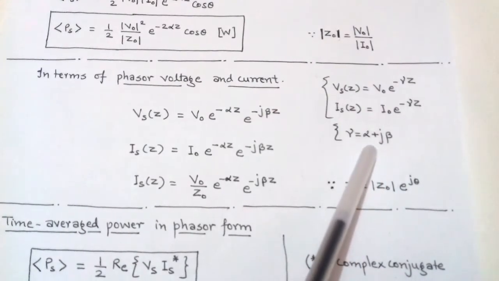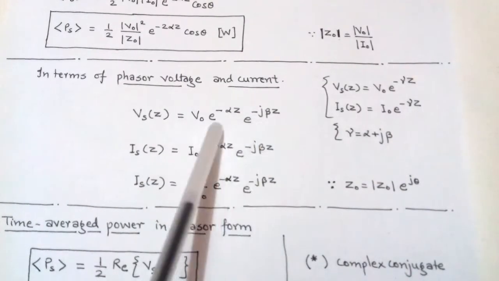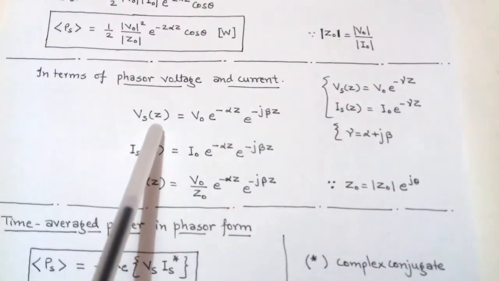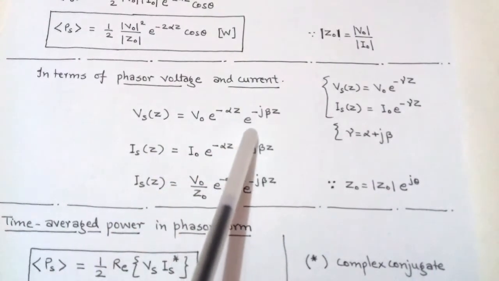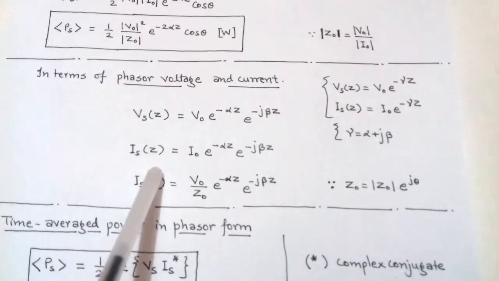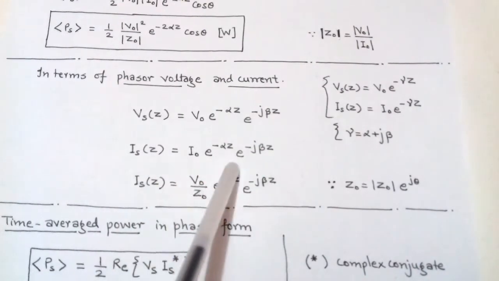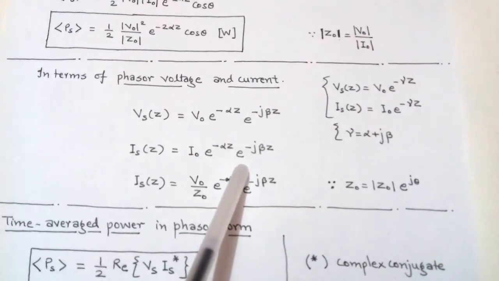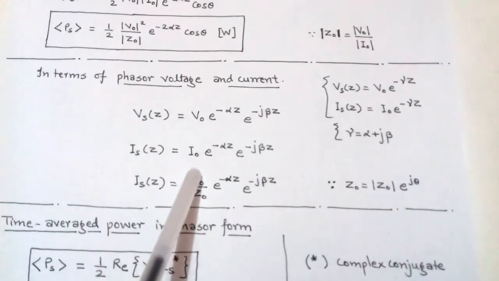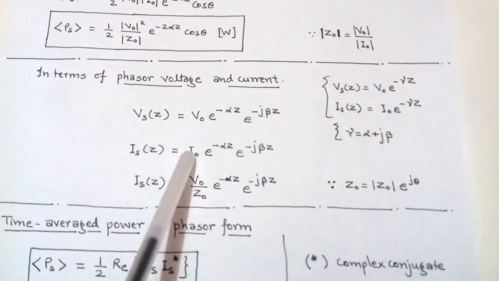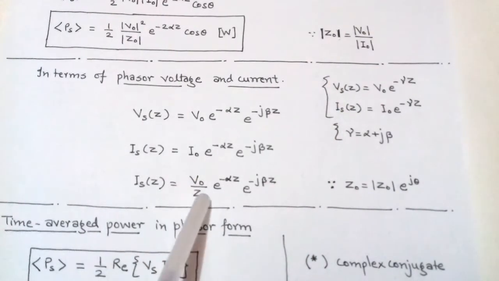After putting the value of γ, that is α + jβ, we get the phasor voltage V_s(z) = V0 e^(-αz) e^(-jβz), and the current phasor I_s(z) = I0 e^(-αz) e^(-jβz). And we know that in a transmission line the current phasor has a phase shift, which is due to the characteristic impedance.